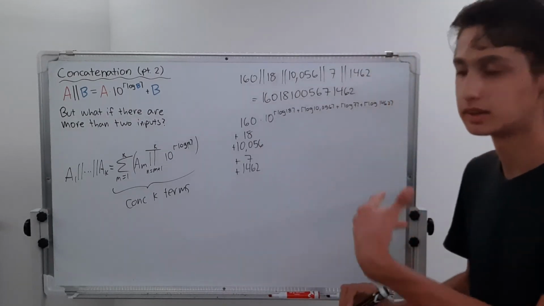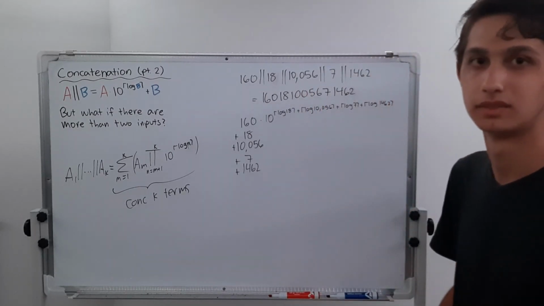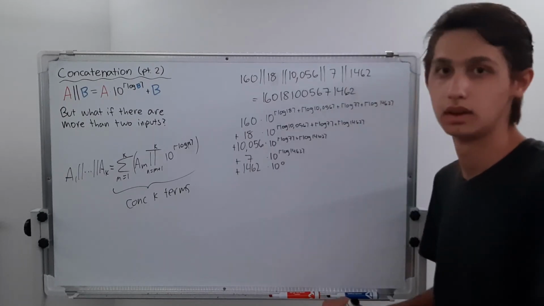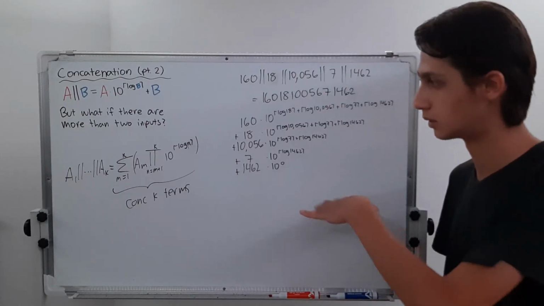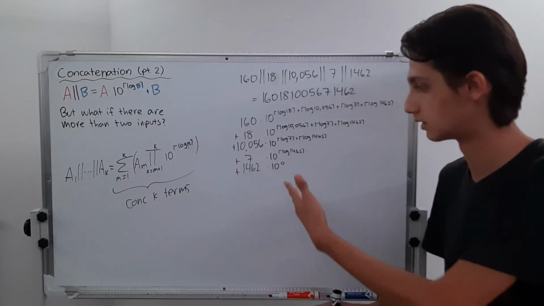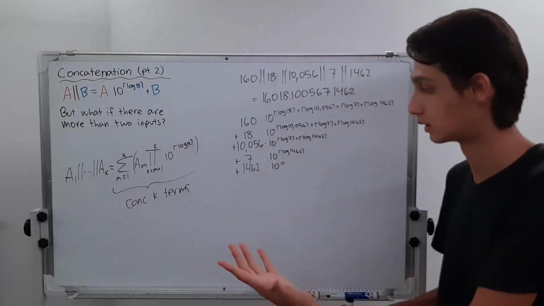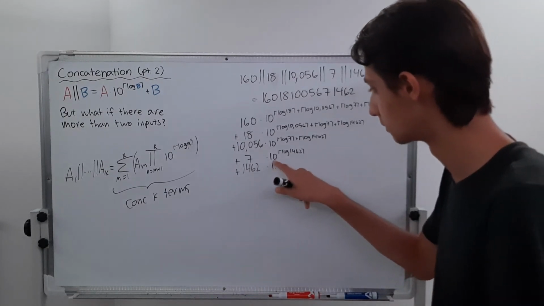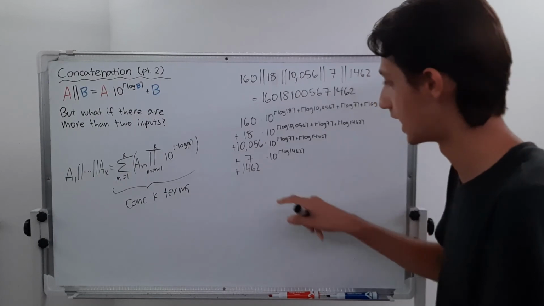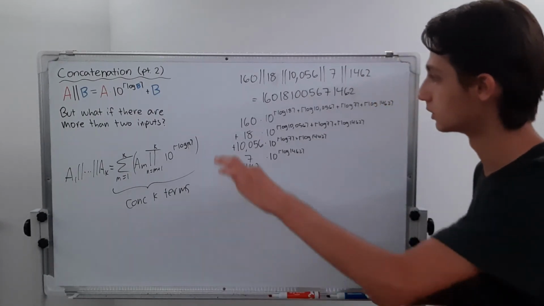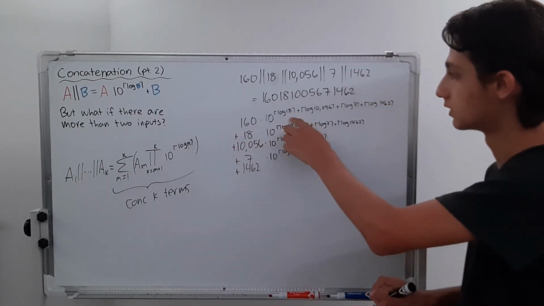Alright, and then you can repeat the process all the way down. So I'm just going to skip to that. At the end, you don't have anything to multiply, so it's 0, and 10 to the 0 is just going to be 1. So you can just erase this last term, and that's why you add the last term at the end. And once you sum all this up, basically you just add up all these digits.